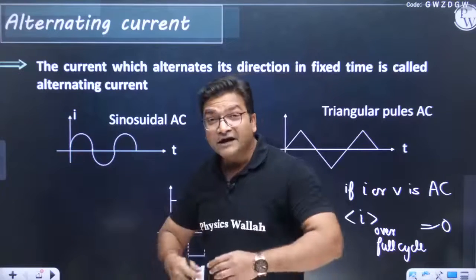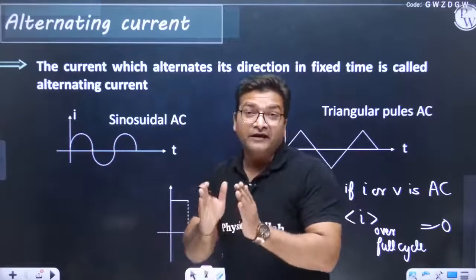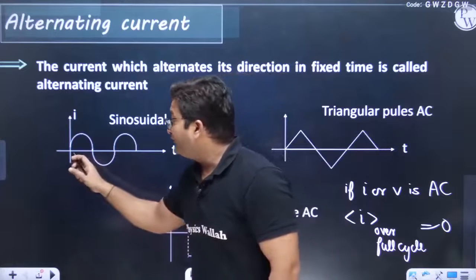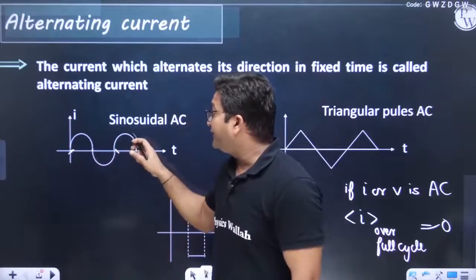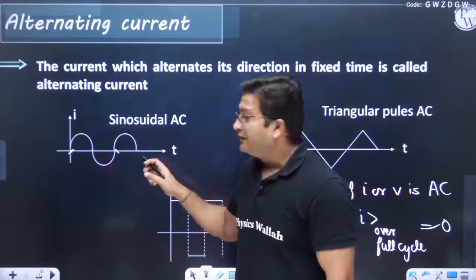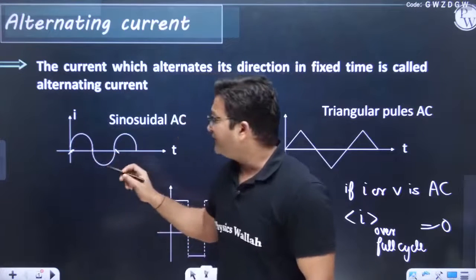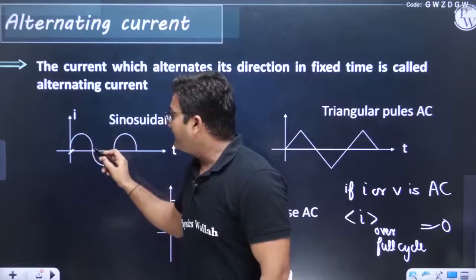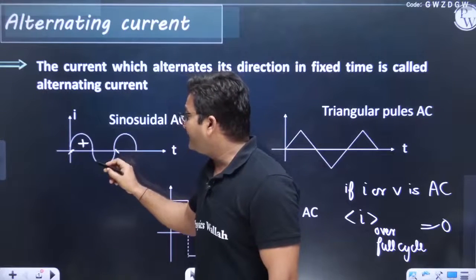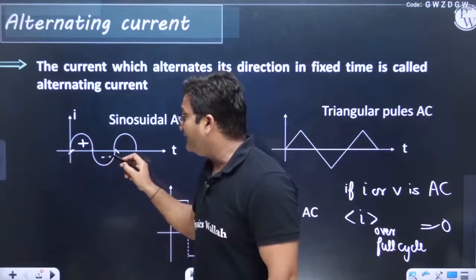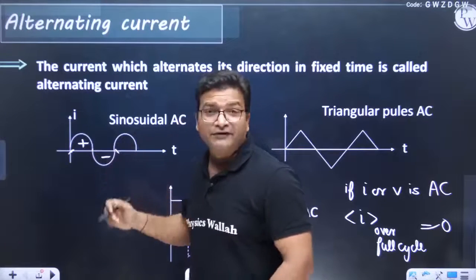When the current starts repeating its shape, we say it's a full cycle. So can you see from here to here there is one cycle, and after it the current starts repeating its shape. Obviously one can see that for this much period of time the current is positive, and for an equal period of time the current is equally negative, so its average is definitely 0.